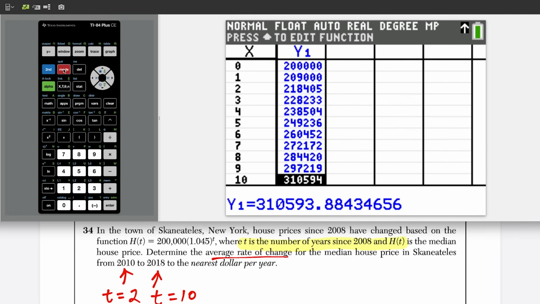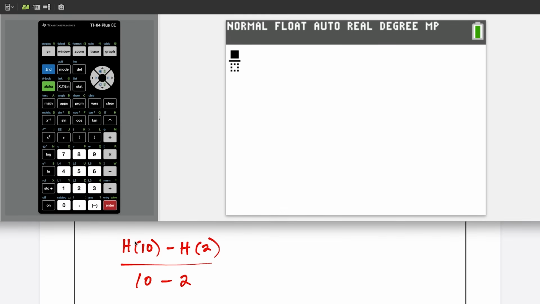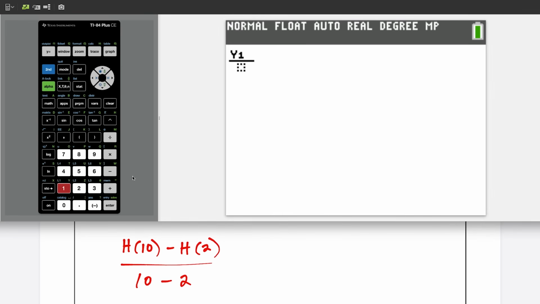But another cool way to do this is to go to the main screen after we have the function typed in y equals and press alpha y equals enter to pull up a blank fraction. And when I want to write h of 10 minus h of 2, I could press alpha trace and then y1 because I saved the function h of t in y1, and then I just have to put parentheses 10 and close it.